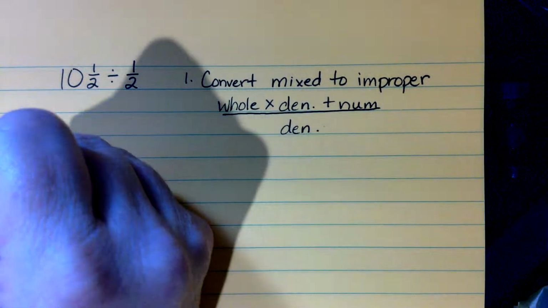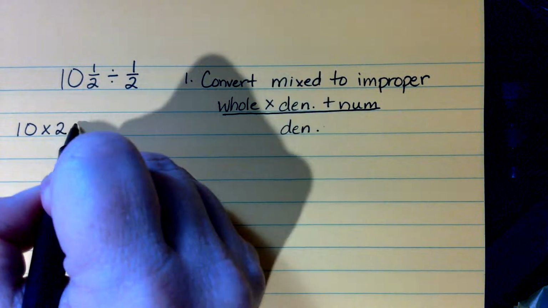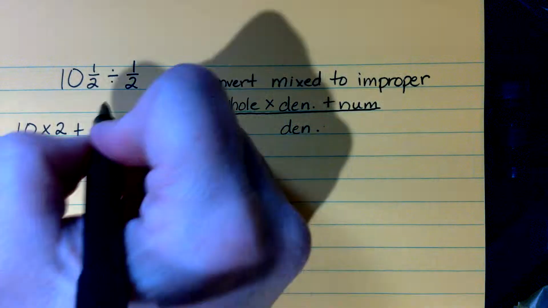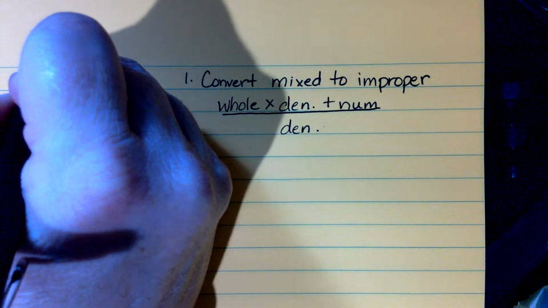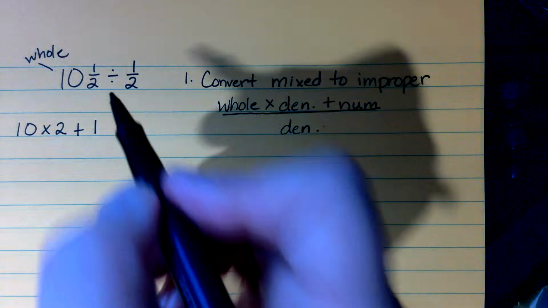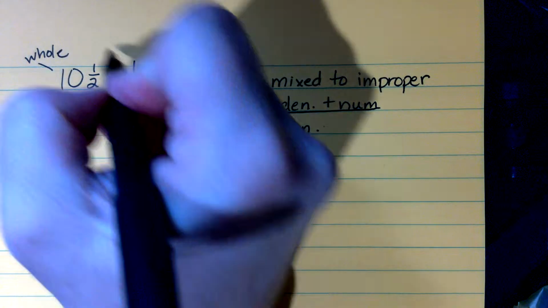So it's 10 times 2 plus our numerator of 1. Just a reminder, this is your whole number, this is your denominator, and this is your numerator.